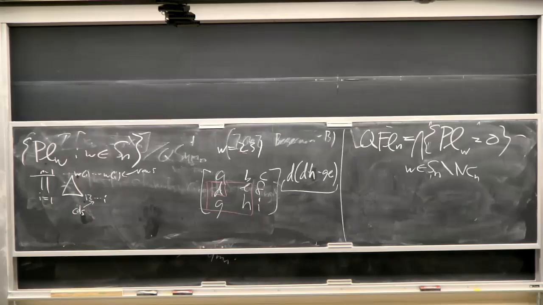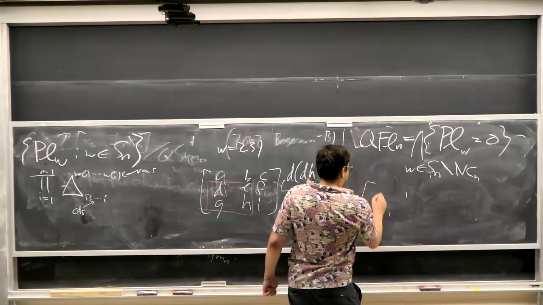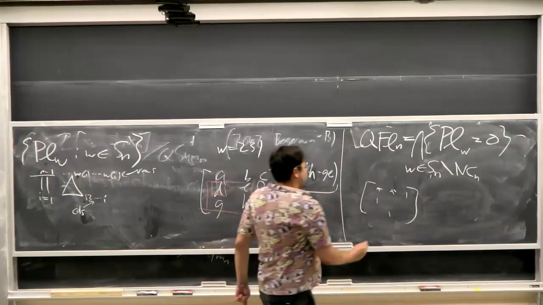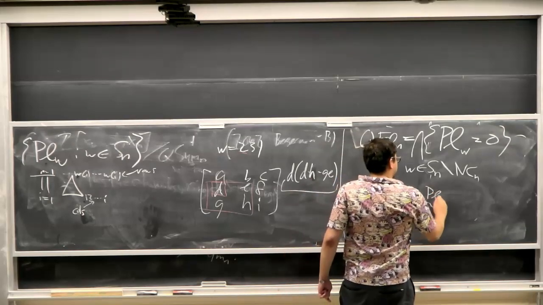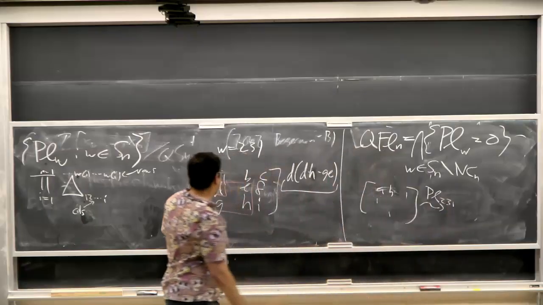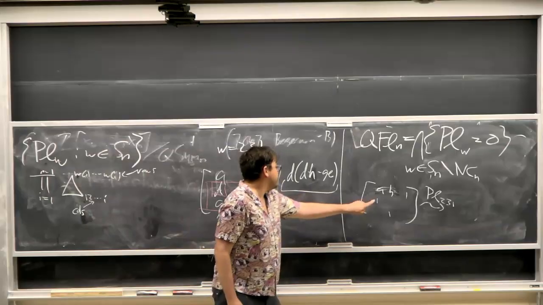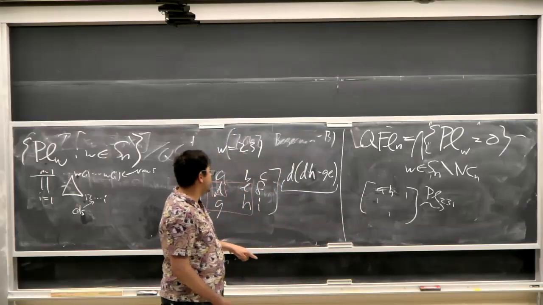So first of all, why did I delete the entire chart associated to 2, 3, 1? So that was this one. Let's compute, let's call this A and B. Let's compute the 2, 3, 1 Plücker coordinate according to this procedure. I'm going to get 1 times 1. That's where I get 1.